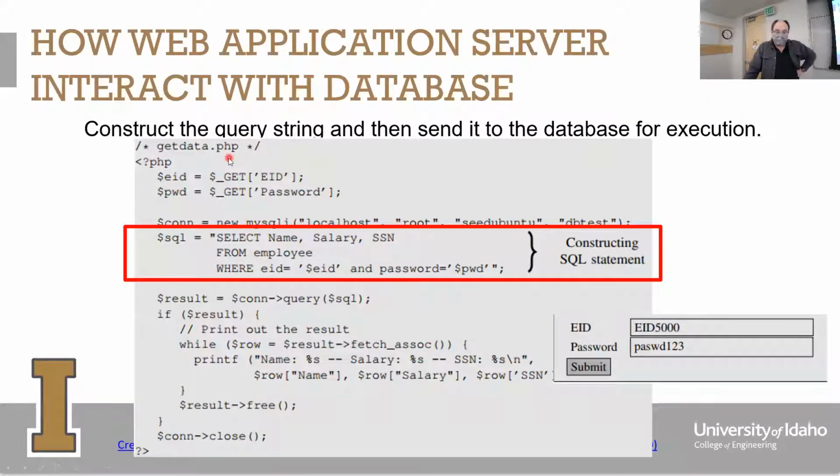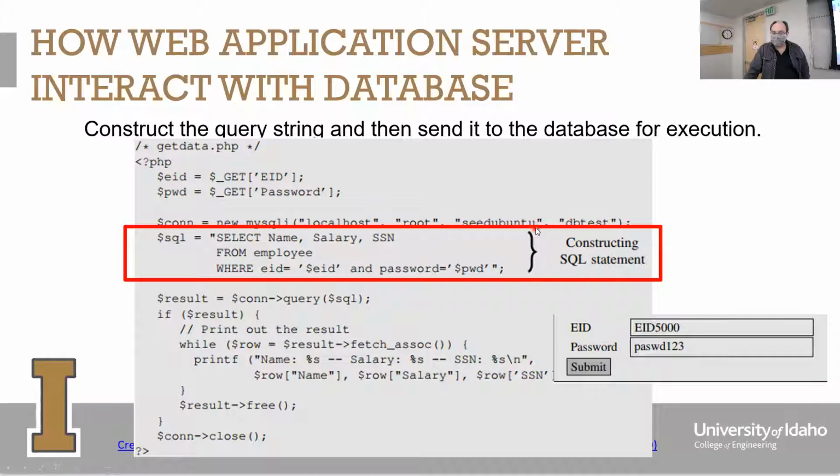At the server in getData.php, it says, we're going to get this EID that the user sent. I'm going to get the password they sent. I'll store them in these variables. Here, the variables start with dollar signs. I then create a new MySQL query.